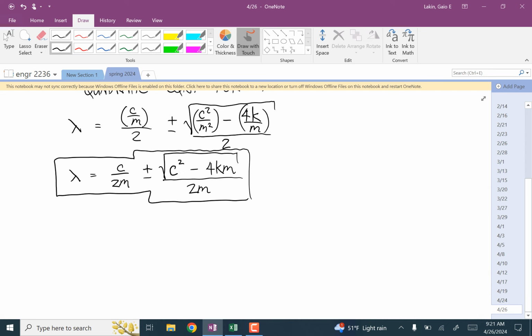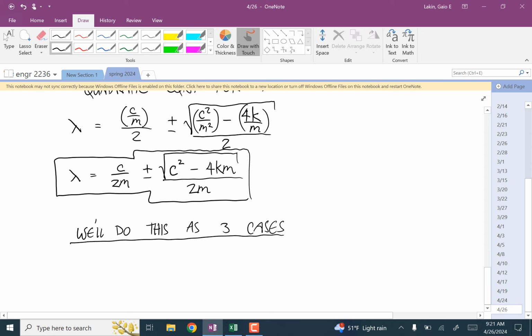All right, so there's three cases. The first one is c squared is greater than 4km.